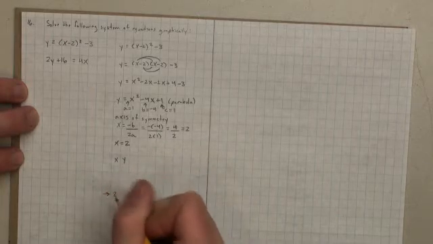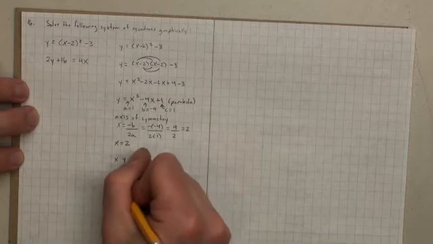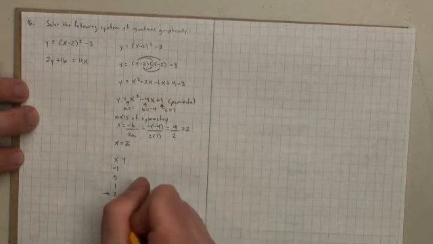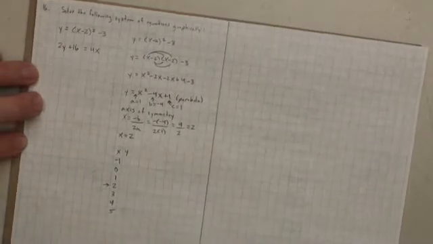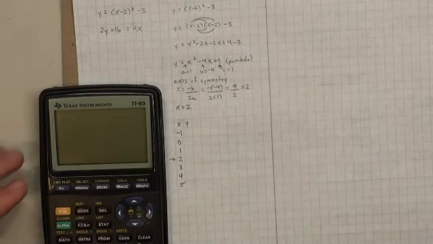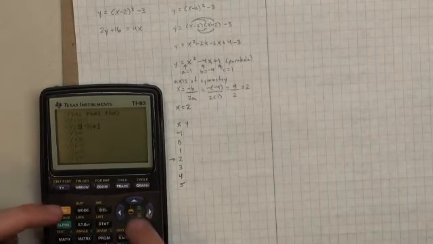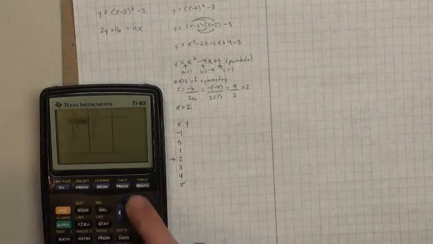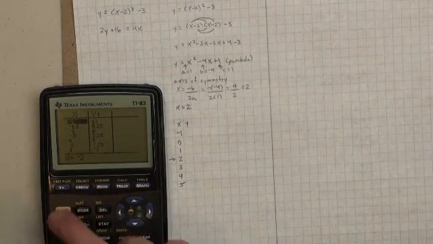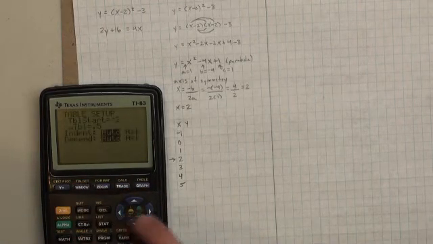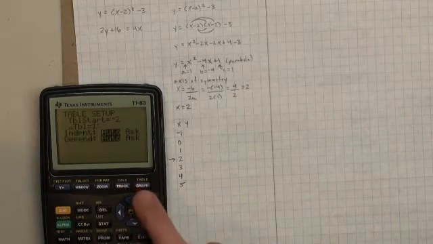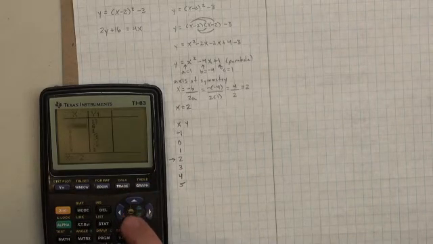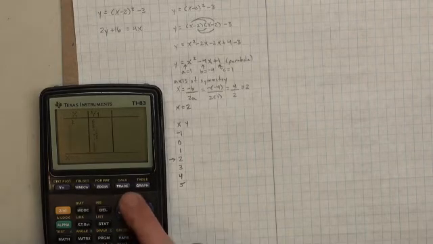2 is our middle value. We do 3 below it and 3 above it. Let's use our calculator to find those values. Okay, it's x minus 2 squared minus 3. Let's go to table. Let's change our delta table back to 1. Second table set, delta table should be 1. Second table. Alright, so negative 1. I just want to make that the top. Alright.